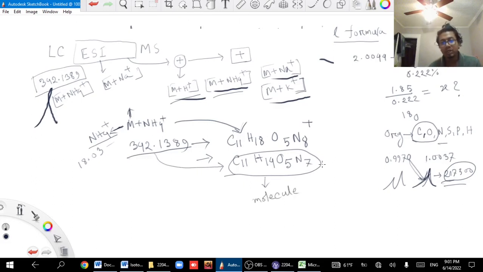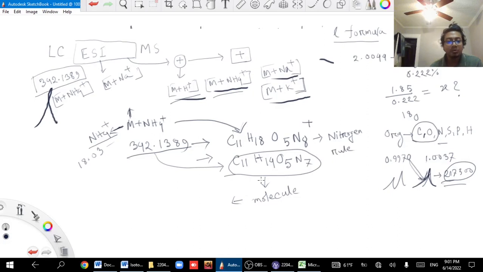So why am I doing that? This is the charged particle, and I cannot apply the nitrogen rule to a charged particle. So I need to find out the molecular formula of that, so that I can apply the nitrogen rule and see which one is good and which one is not good.